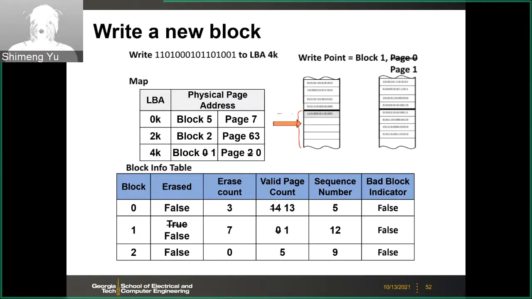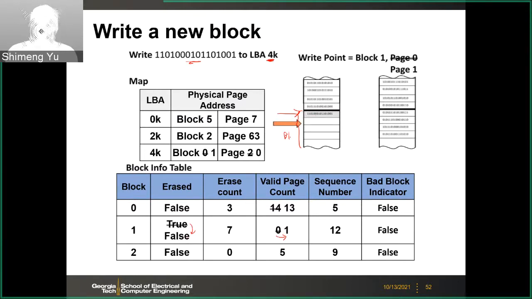Now the pointer moves to the first page, and we write new data to logical space 4K. This is new data. Then we have to mark block 1's erased flag as false because you start using it. And then we update the valid page count from 0 to 1 in block 1.